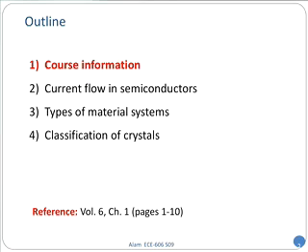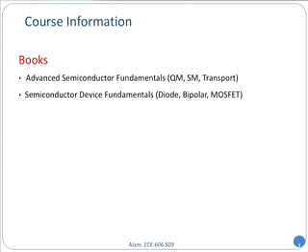So let me begin by giving you some broad course information, and then we will go through the other topics of the day. The 2 books we'll be using are Advanced Semiconductor Fundamentals, which will be for the first 5 weeks, and the second book is Semiconductor Device Fundamentals, which will be for the next 10 weeks.